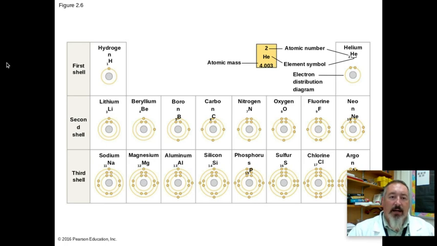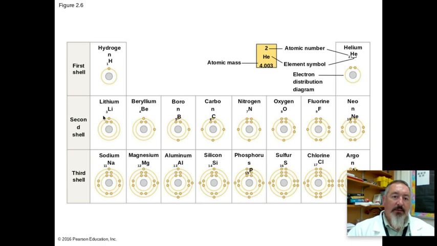You can see hydrogen on the upper left, and you notice that there is 1 electron in the outer shell. If you go to the other side, you can see 2 electrons in the outer shell. That first ring has a max of 2, meaning that helium is going to be full with just 2 electrons.